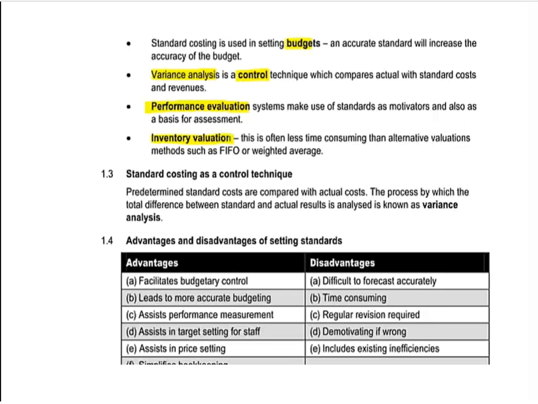It's also less time consuming than using something like FIFO or weighted average. We can use then standard costing, as I said, to perform variance analysis where we're looking at comparing our budgeted cost with our actual costs.